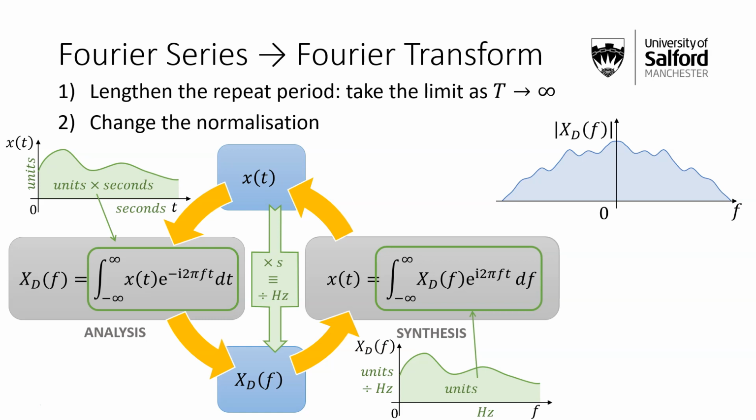So if we're going to integrate with respect to hertz over frequency and expect to get the right units, then the quantity xd has to be in units per hertz. So this is one of the fundamental things: the units of xd are the same units of the signal per hertz. It's an amplitude density is what we call it, a density in frequency.